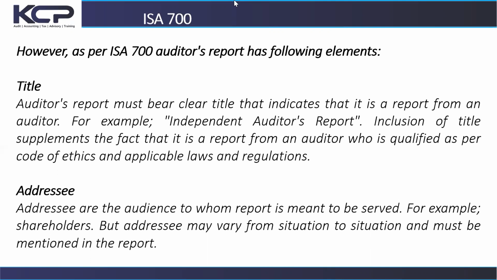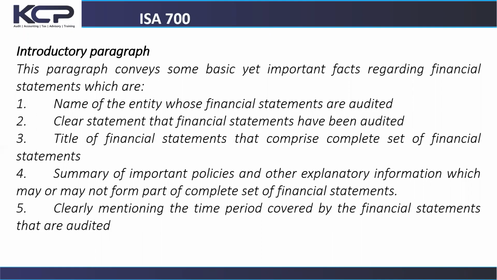For example, the shareholders, but addressees may vary from situation to situation and must be mentioned in the report. So the appropriate addressee will be those that actually engage the auditor. If it is the shareholders that engage the auditor, of course, the report will be addressed to the shareholders or those saddled with that responsibility.